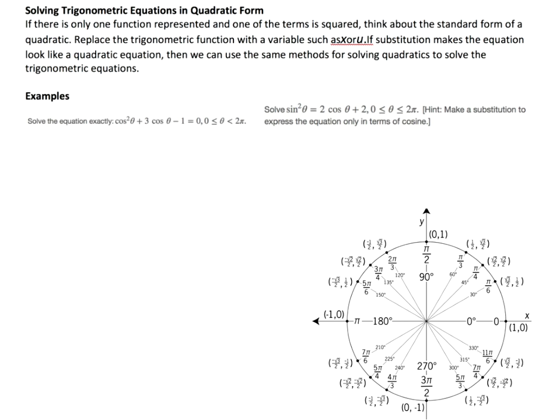Okay, so solving trigonometric equations in quadratic form. You're going to solve them just like you do regular quadratic equations. You're just going to use substitution. I usually use U for my substitution variable to stand for either cosine theta or sine theta, whatever I'm dealing with.